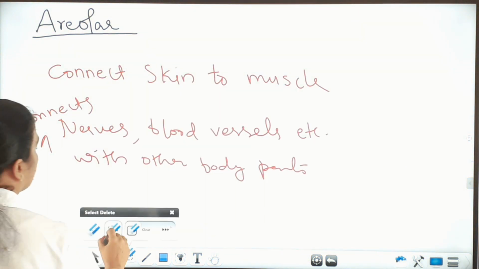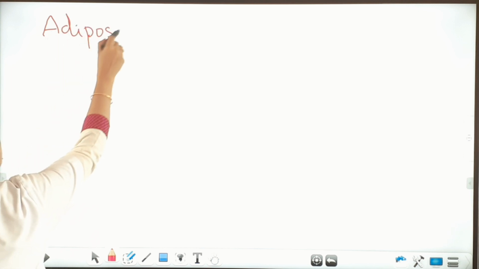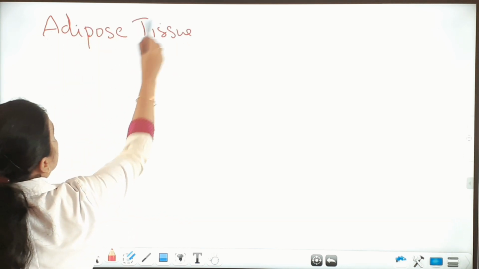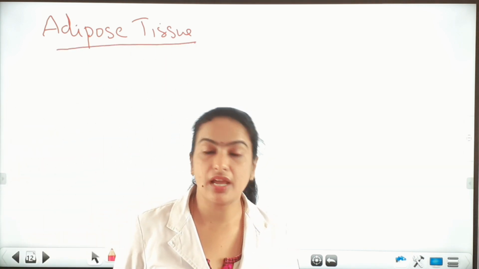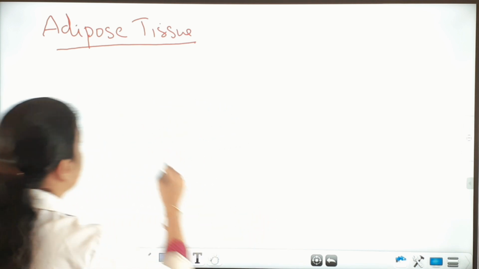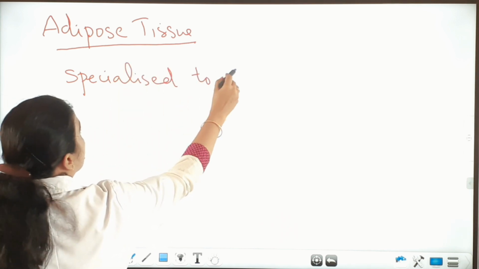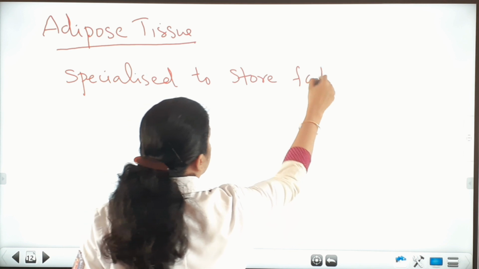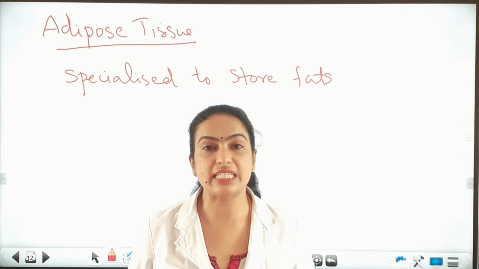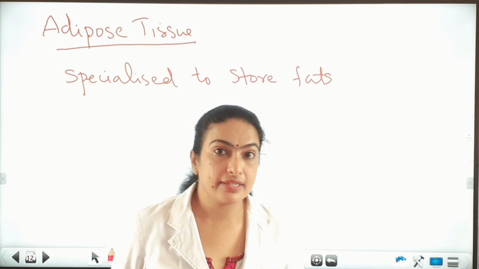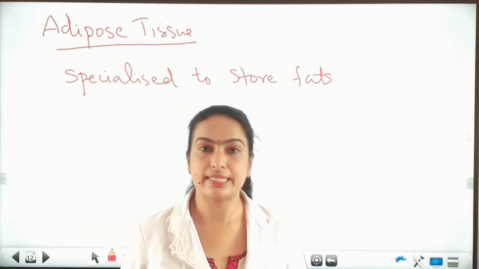Next we can see adipose tissue. Adipose tissue is also a type of connective tissue, and it is specialized to store fat. So, the extra fats in our body are stored under the skin, characterized as fat droplets under the skin.